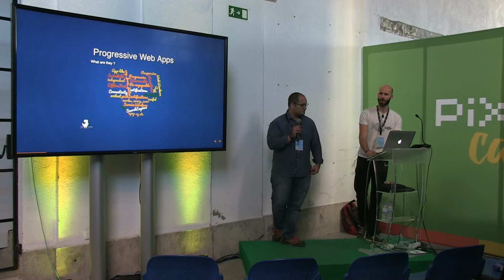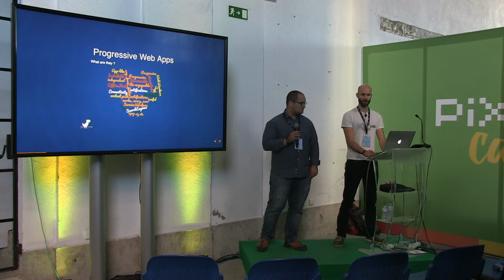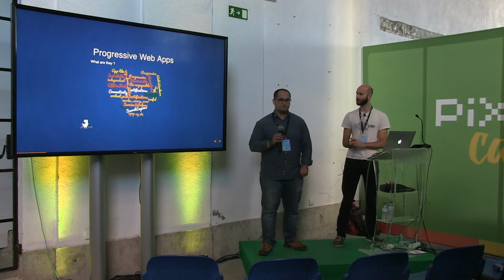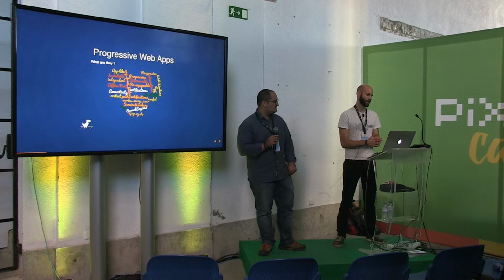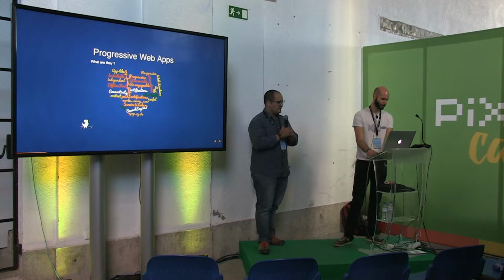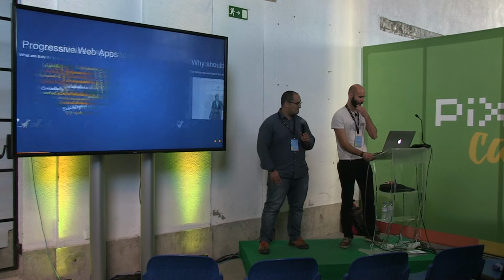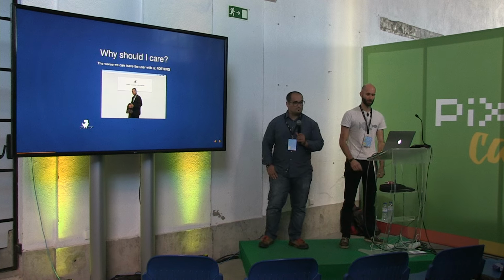Yeah, they are designed to be safe and app-like, installable and linkable and, well, easy to share. Yeah, we're going to go through a bit of all those in the rest of our talk. So the main concept here is to not fail the user.